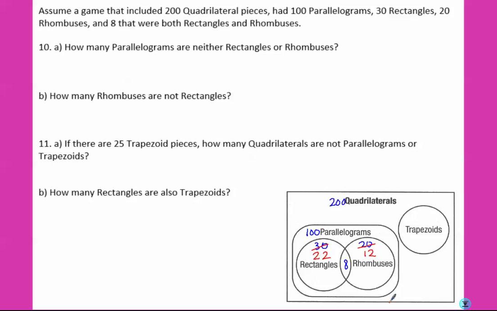How many parallelograms, so of the 100, are neither rectangles or rhombuses? Well, we're starting with 100 parallelograms. We don't want the 22 rectangles, we don't want the 12 rhombuses, and we don't want the 8 in the overlap.